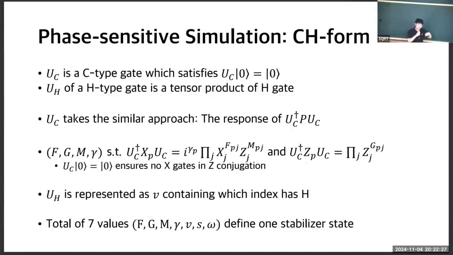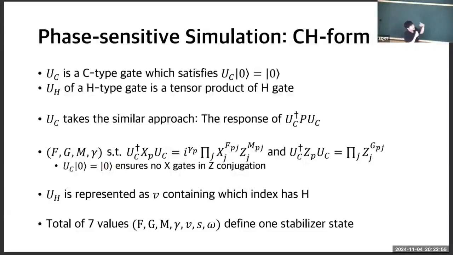So all of the Clifford gates except H would be included in UC. So for UC, you see, like, the previous one considers G dagger PG to update according to that gate to encode the states into X and Z components.